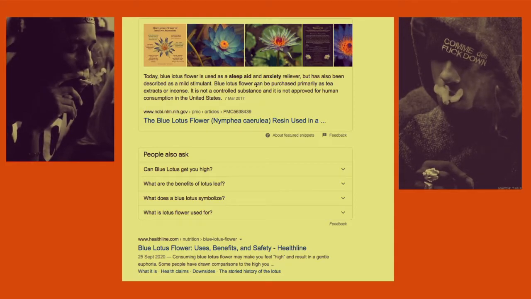That is also into it. And anxiety. Okay, well, it has also been described as a mild stimulant. Okay, so if it's a stimulant, that means it's an activator. Okay, it activates a specific part of your being.